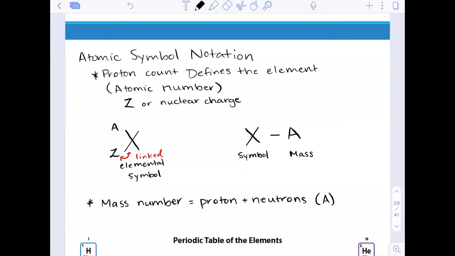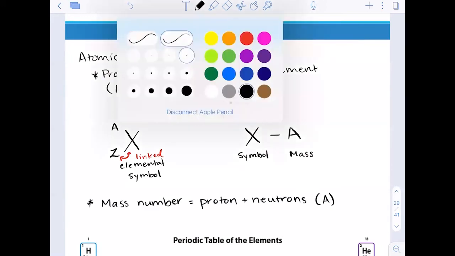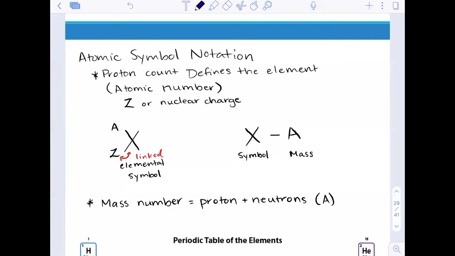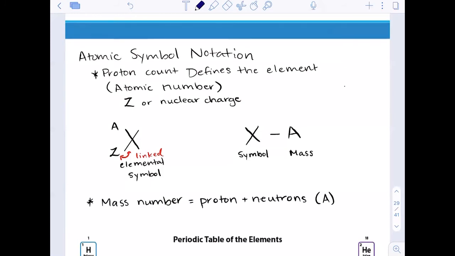You should know based off of the symbol how many protons are in that element, but the mass can change, and that's based off of our neutrons. And so when we're looking at a couple of different ways to write out some informational tidbits on our atomic symbol notation, we could see either one of these. So for instance, we could see chlorine-37 right there.